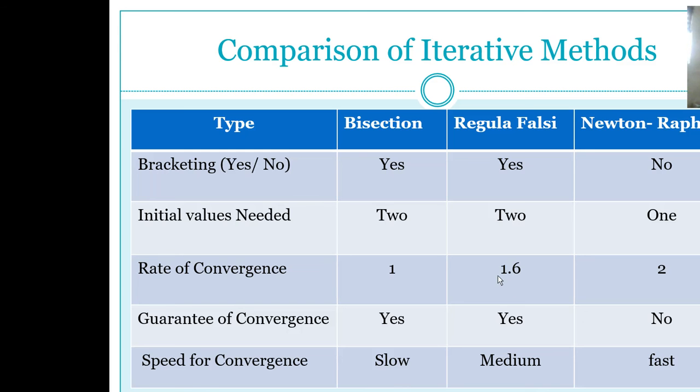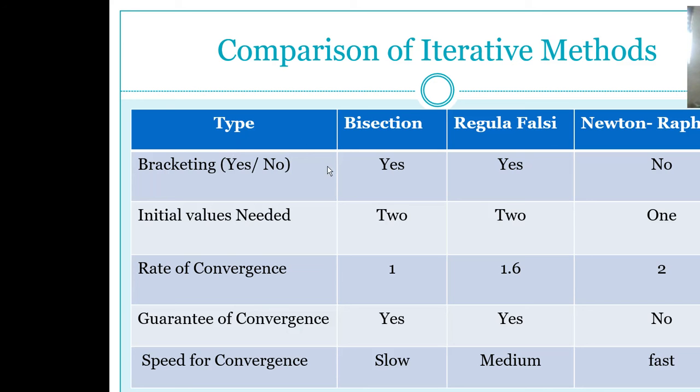So when we compare the iterative methods, we have the bisection method, regula falsi and the Newton-Raphson method. Considering their nature, the bisection method is a bracketing type, regula falsi is also a bracketing type method, but Newton-Raphson is not a bracketing method, it is an open-ended method.